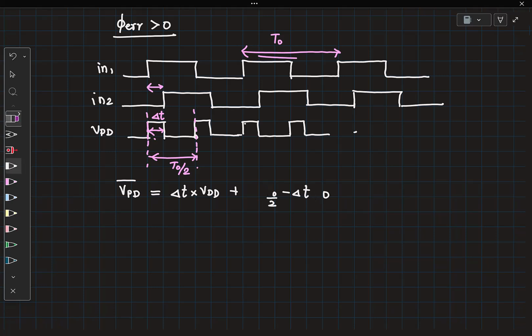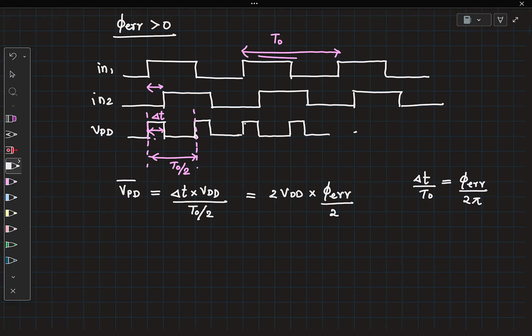So the whole quantity is 0, so I'll remove it. So you get 2 VDD into delta T by T naught, but we also know that delta T by T naught is equal to phase error by 2 pi. So I'll replace delta T by T naught with phase error by 2 pi, and 2 will cancel, and I'll get my VPD average as VDD by pi into phase error.